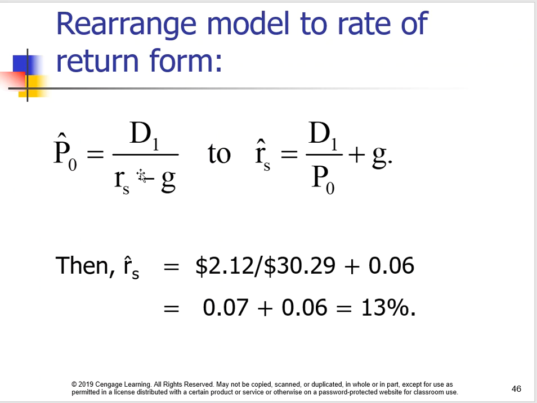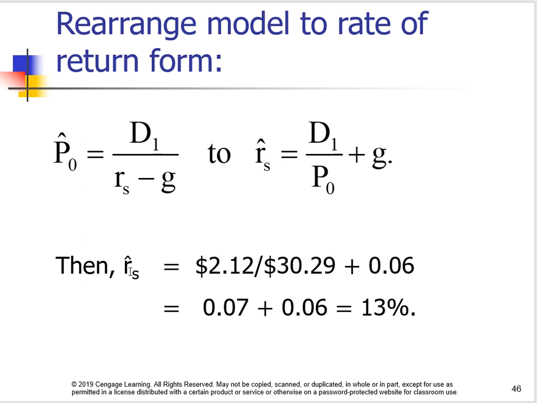Same model; you use it sometimes to solve for P and sometimes to solve for R. Now, this P has a hat on it, so that's an expected stock price, and this R has a hat on it. This is an expected return.